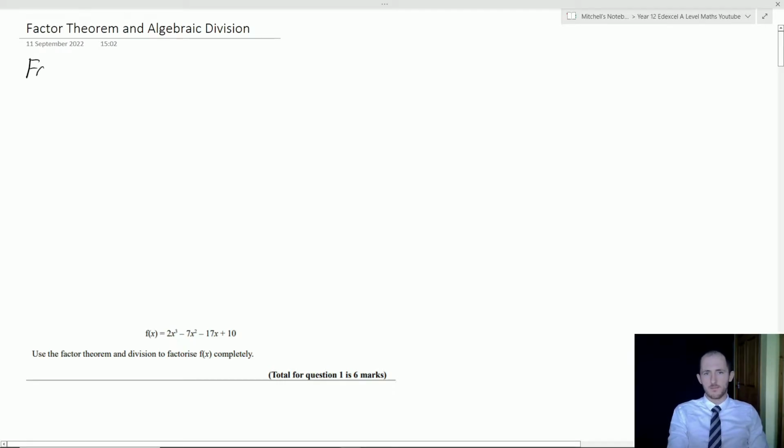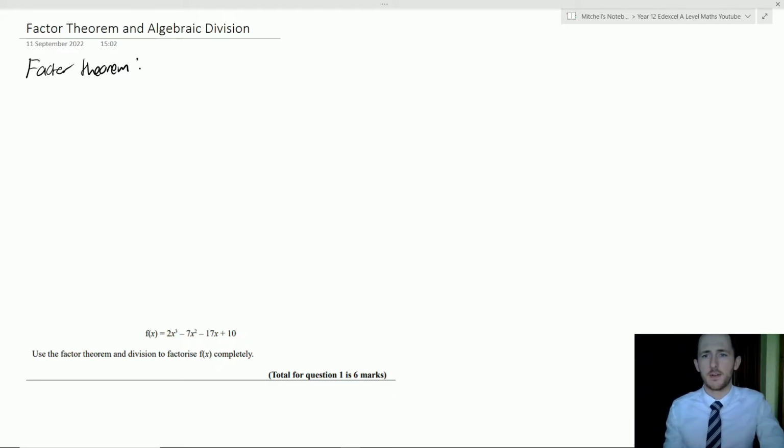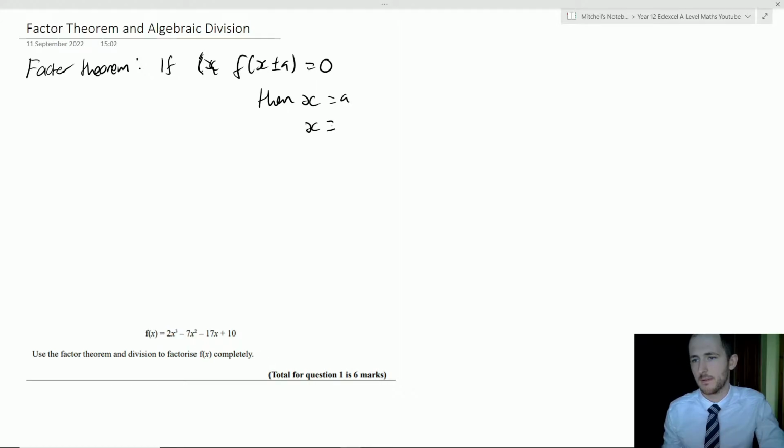So with the factor theorem, it's pretty much solely used to figure out how we can divide an algebraic fraction. What they normally say is, if f of x plus or minus a equals 0, then x equals a, or you can say x plus a is a factor of f of x.